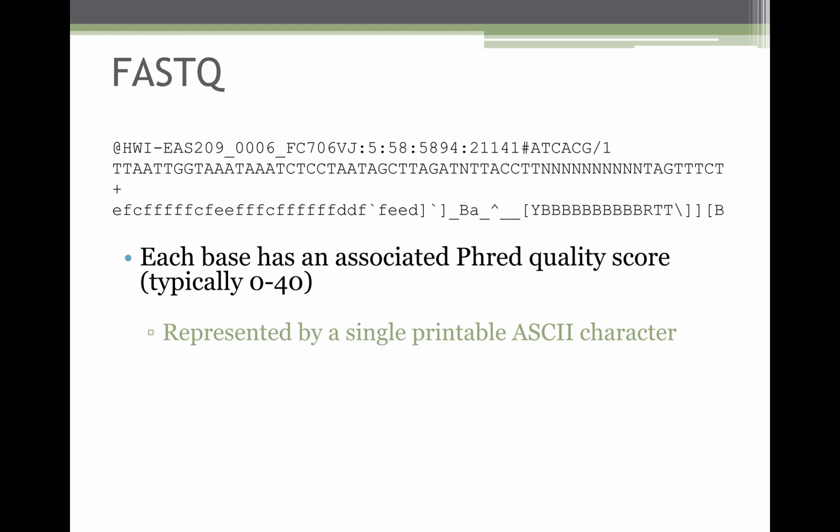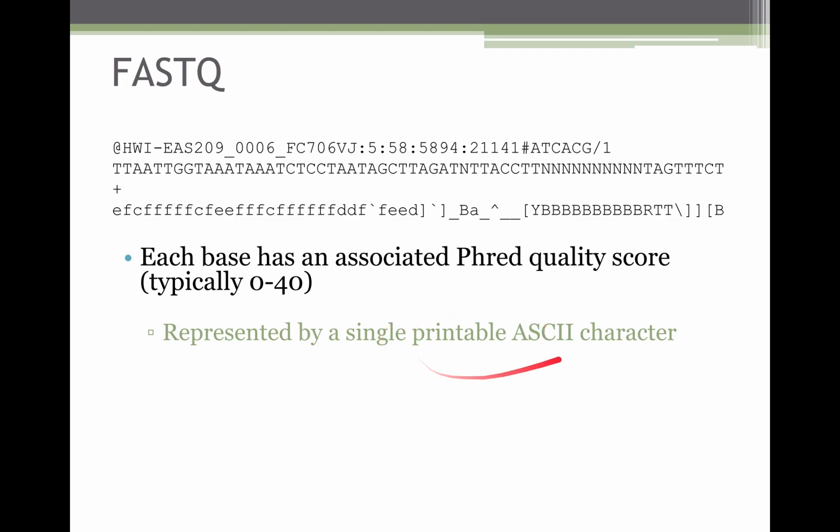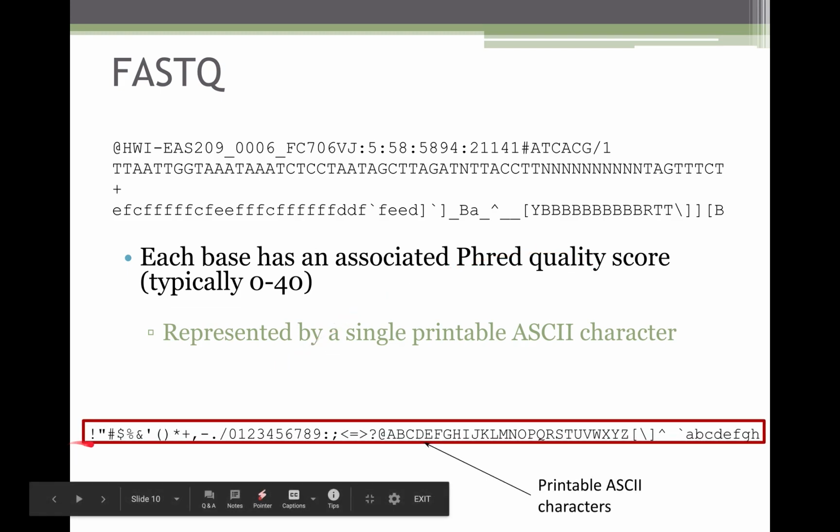So just coming back to this quality string again, these characters are represented by printable characters on your keyboard, and these are also known as ASCII characters. So all these characters have been used by different sequencing platforms to represent quality.